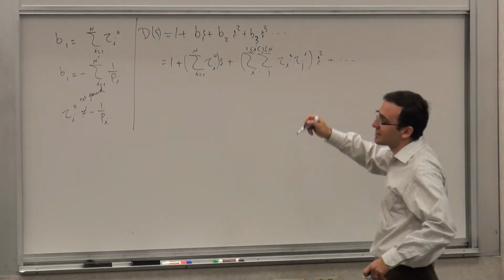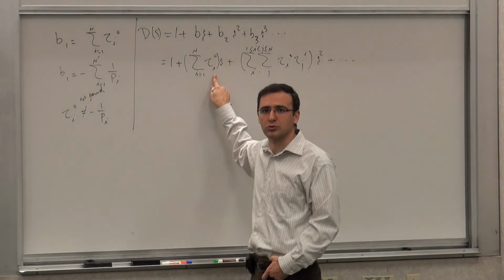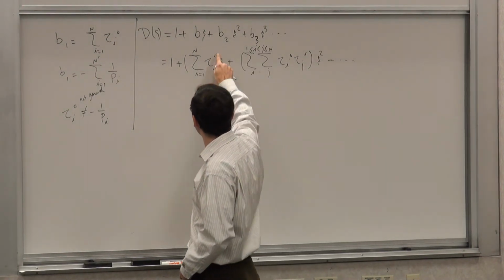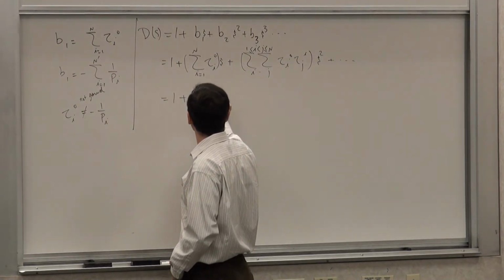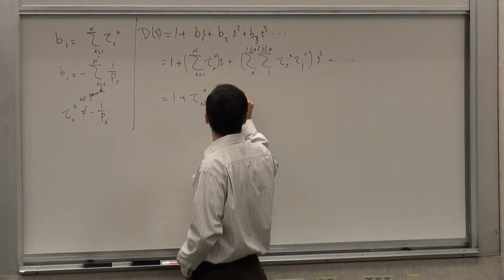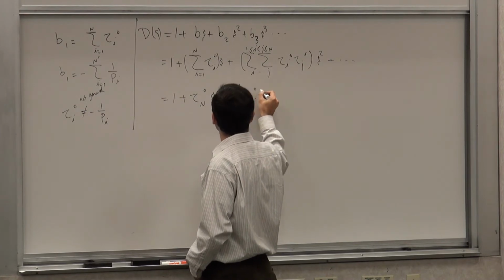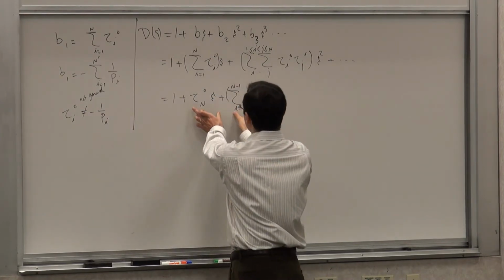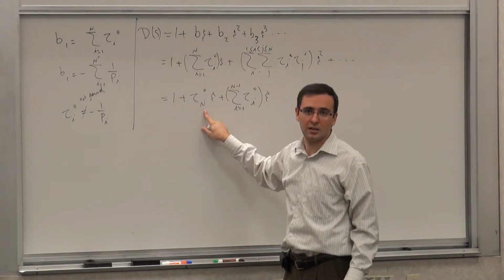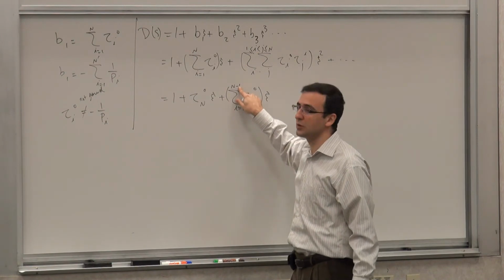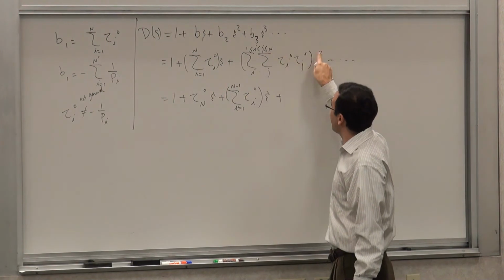Now let me reorder these sums. Let's say I take the nth time constant out of the sum, tau n0. So I write this as 1 plus tau n0 s plus the sum of tau i0 for i from 1 to n minus 1, times s. So these two together are equal to that. Right? We just took the last term and wrote it separately from the sum, and calculated the sum only to n minus 1. And then I do the same thing here. I take the last nth one out of here.